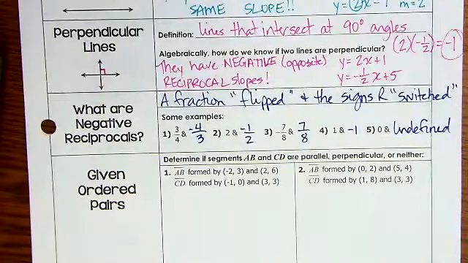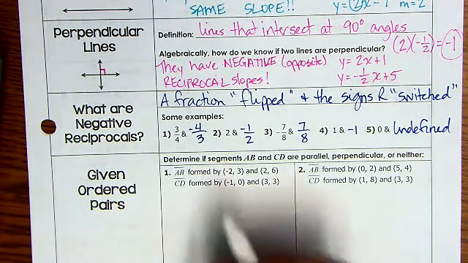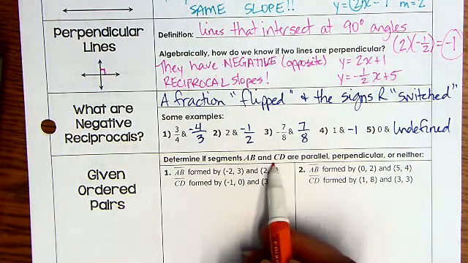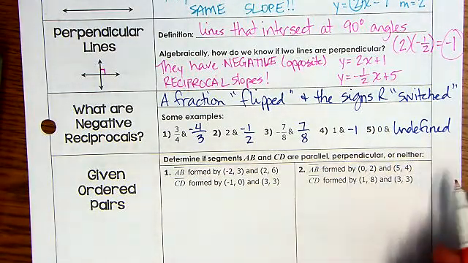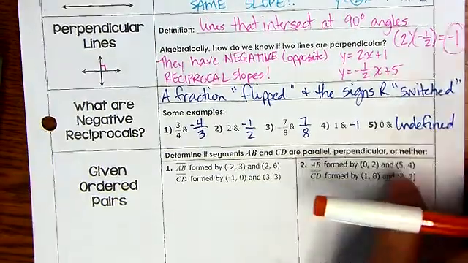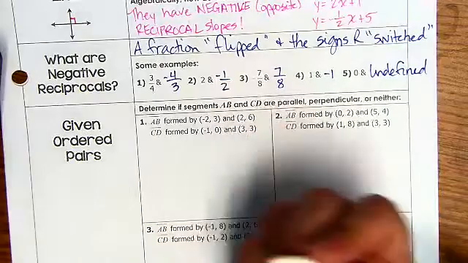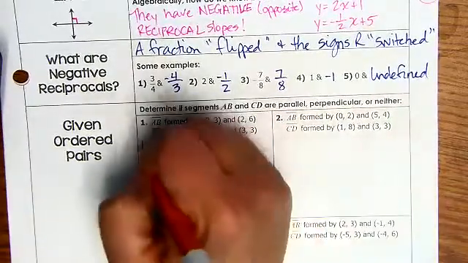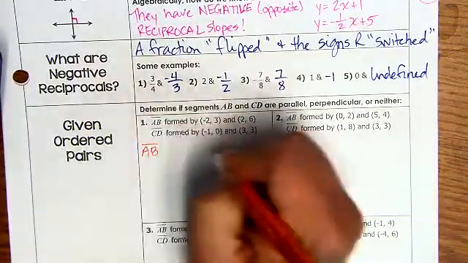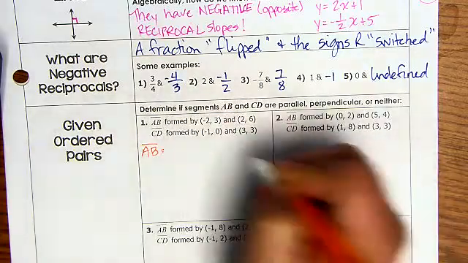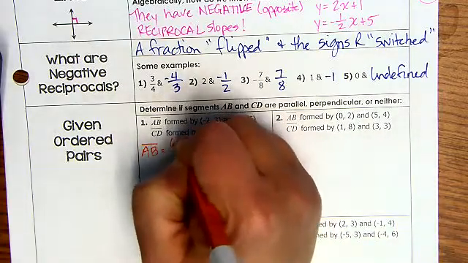Here we go. Number 1, A, B, so determine if the segments A, B, and C, D are parallel, perpendicular, or neither. So I've got to find the slope for each one. So I am doing the change in Y over the change in X for each one. So I've got AB, and that's going to be 6 minus 3.